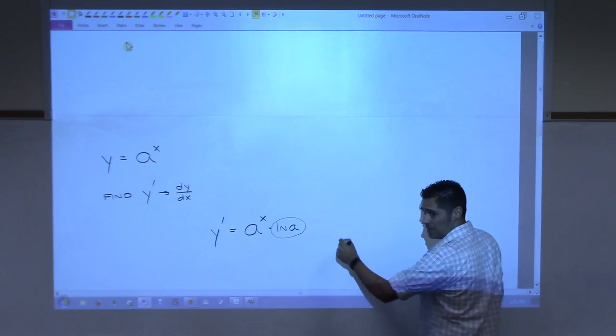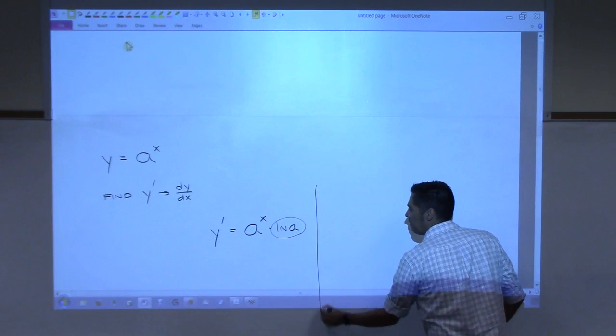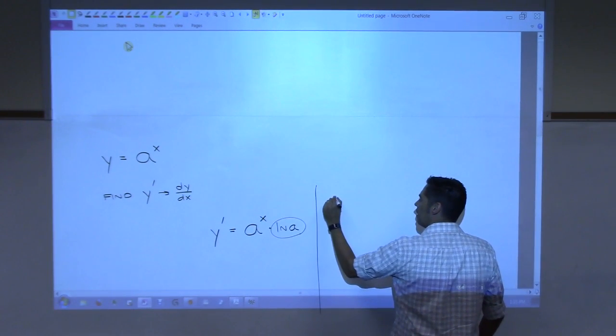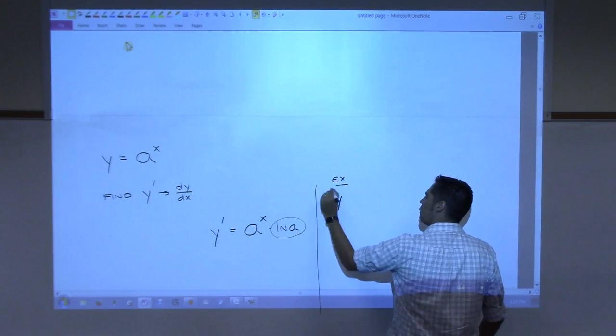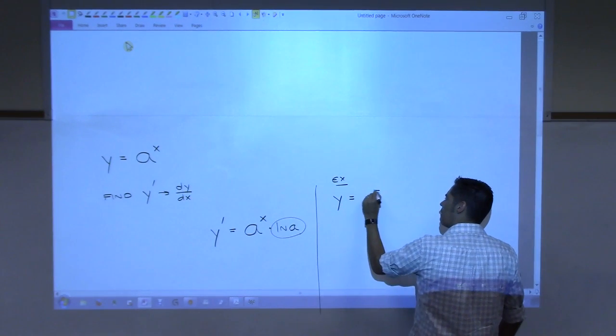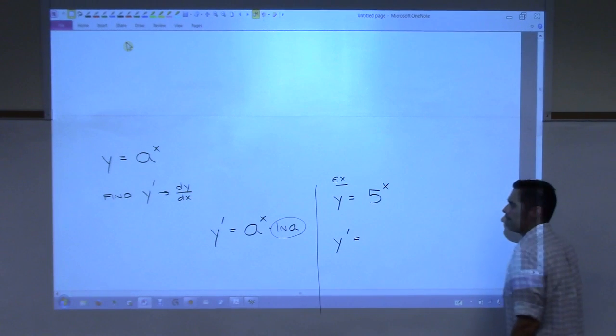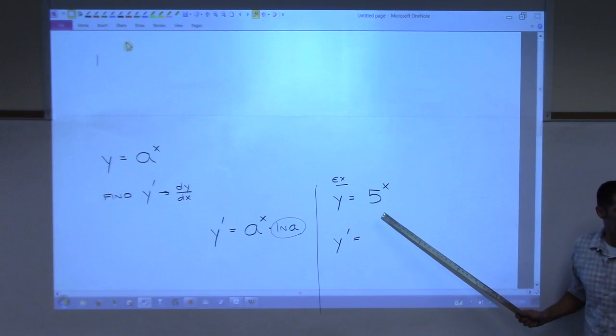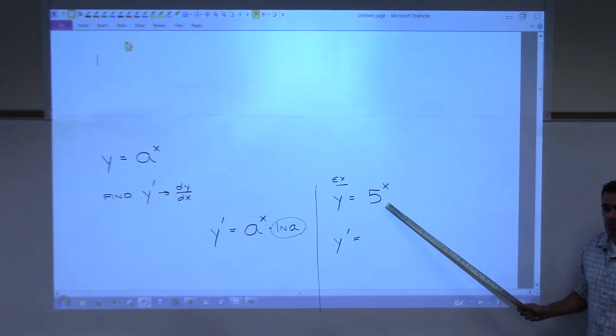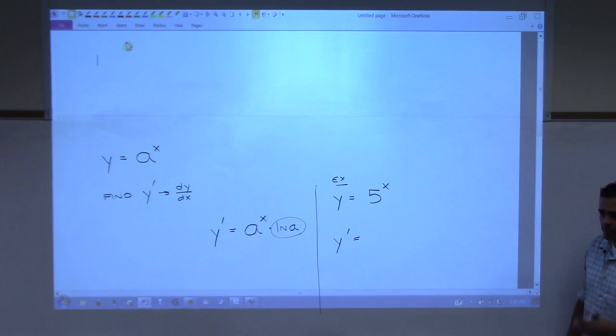Let me give you a specific example of this. Let's say that y equals 5 to the x. What would y prime be? First of all, you have to recognize that that's an exponential function. The a here is 5.